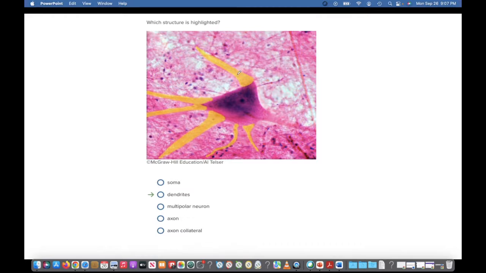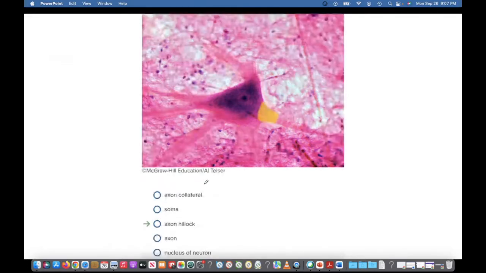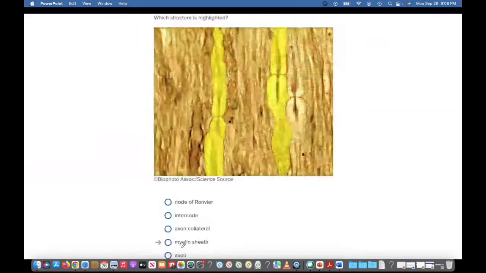If we look at the highlighted section here, the branches off of the soma or cell body, those are going to be dendrites. When we look at the dilated portion, that's somewhat triangular, right off of the cell body just before the axon, well, that's the axon hillock. If it was this portion here, then that would be the axon.